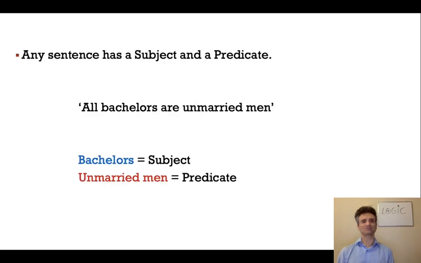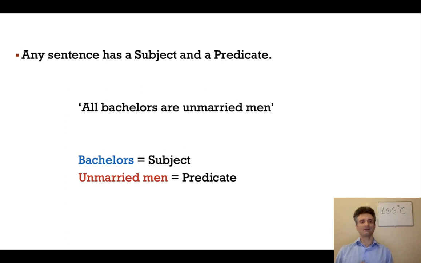Now, a sentence, if you think about it, is something that has two components, at least. It has a subject, and it has a predicate. Of course, it has a verb too, and we're going to talk about the verb and the function of the verb. Now, in this example, all bachelors are unmarried men.